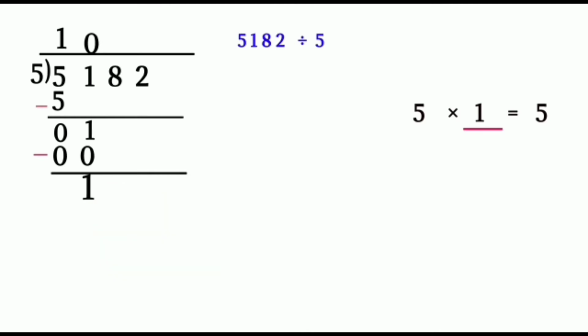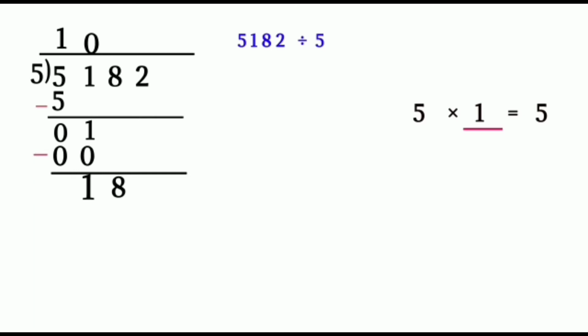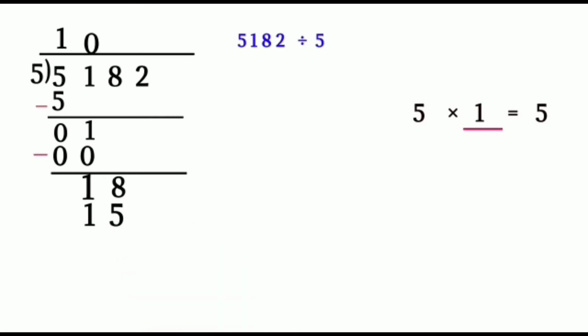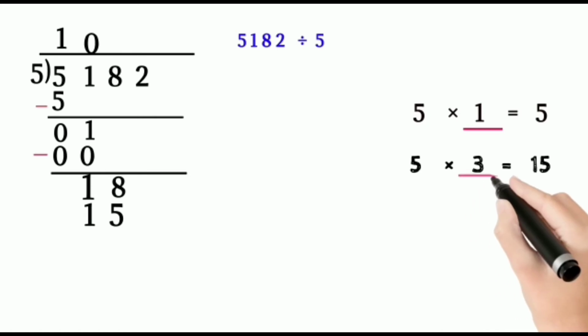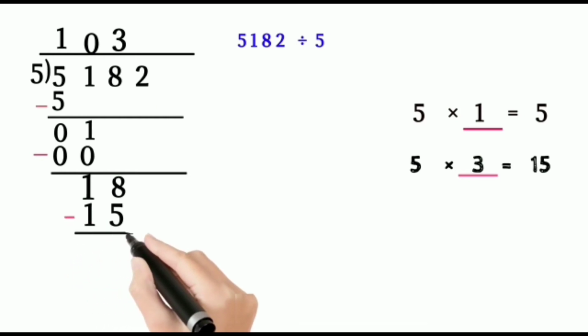Now we bring down the next digit, that is 8. Then our new dividend is 18. How many 5s can we take from 18? That is 5 threes are 15. Write 3 in the quotient and subtract, 18 minus 15. That is 3.